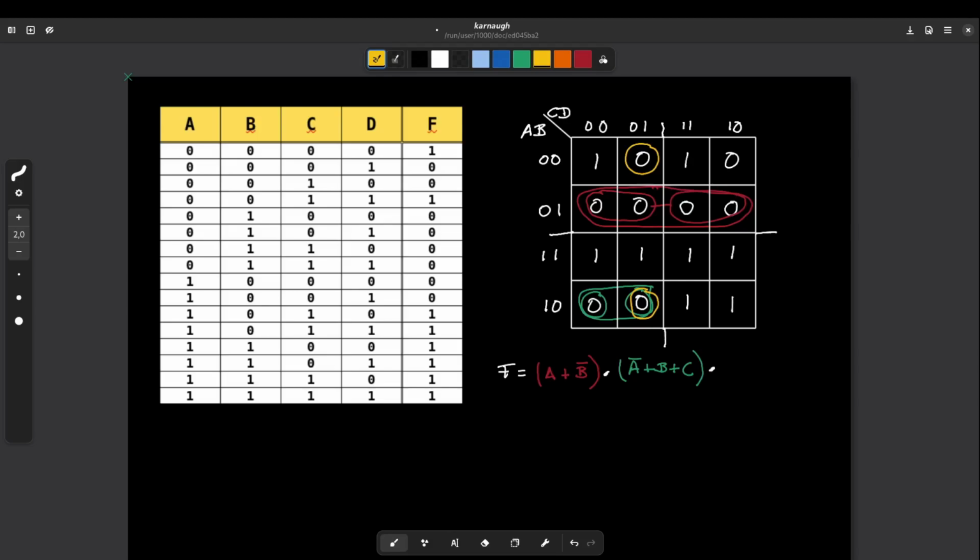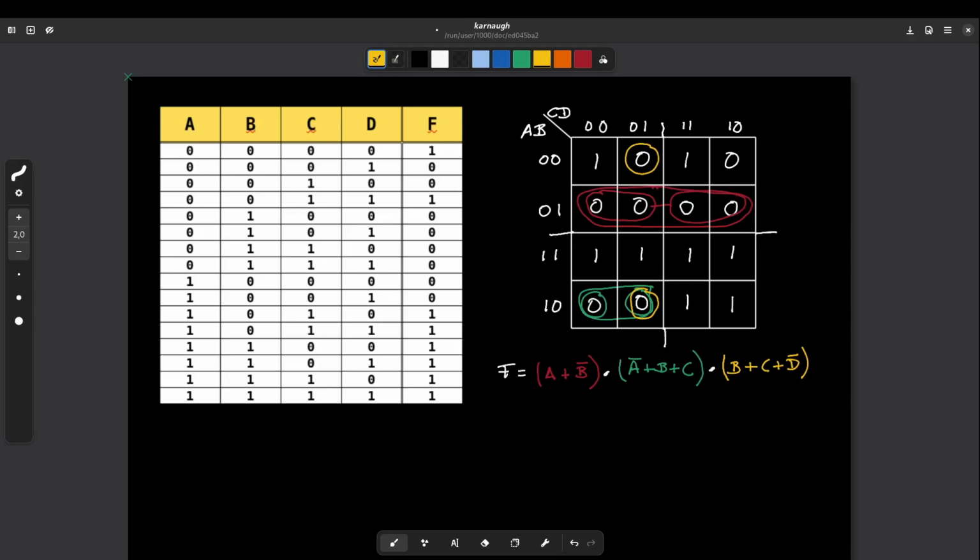Only one variable changes between these two terms, and that variable is A. So I can group them together, and I will write this as B, which is one variable which doesn't change, or C, which is the other variable that doesn't change, or D negated.